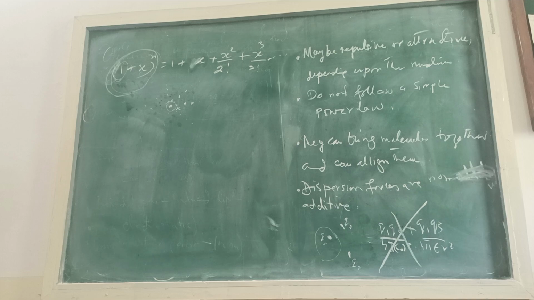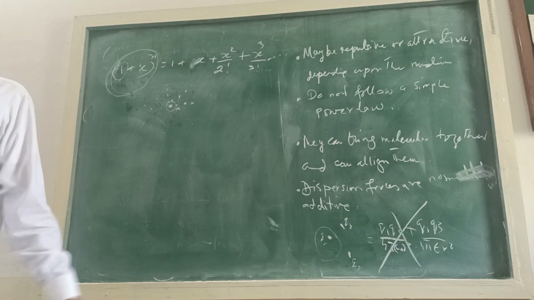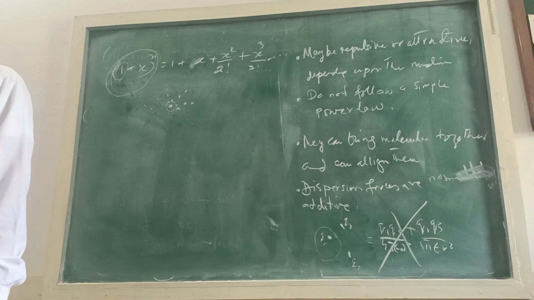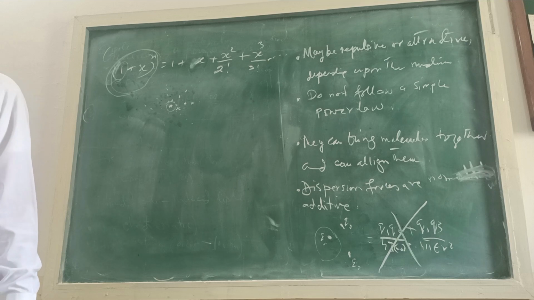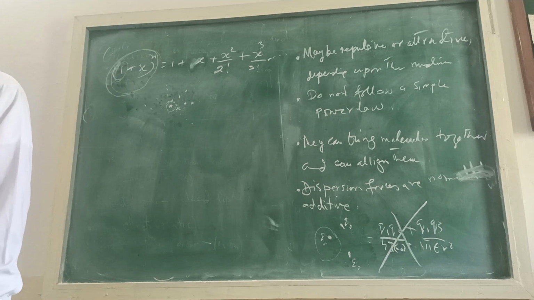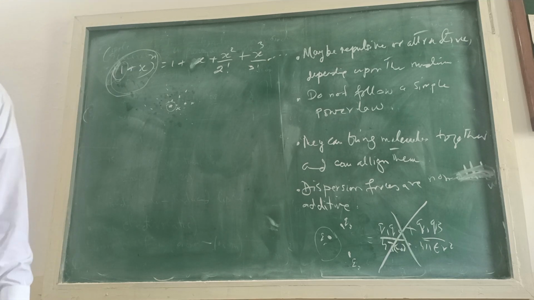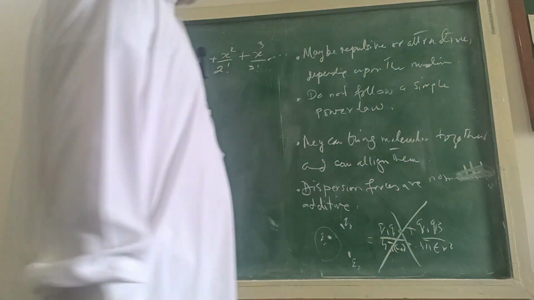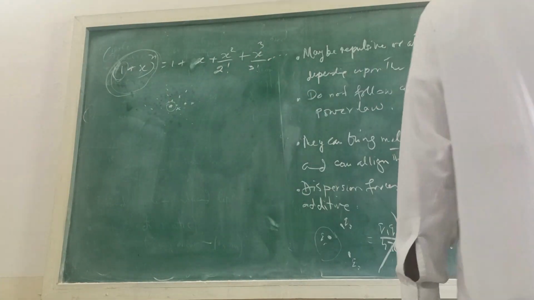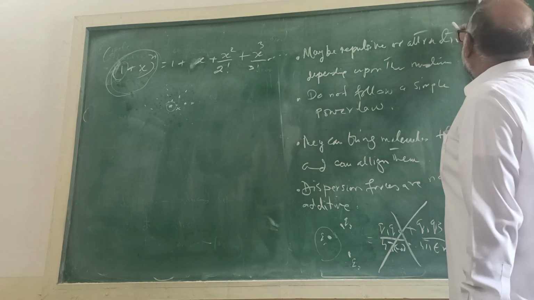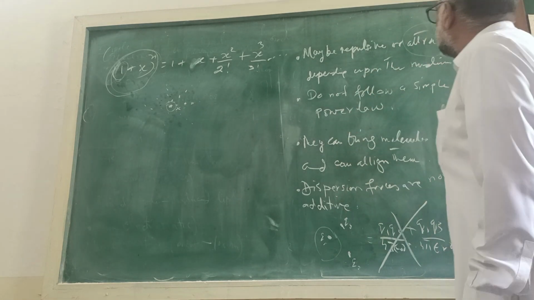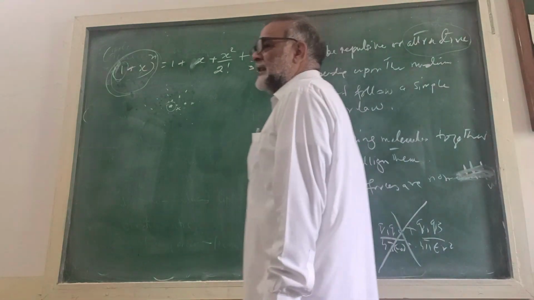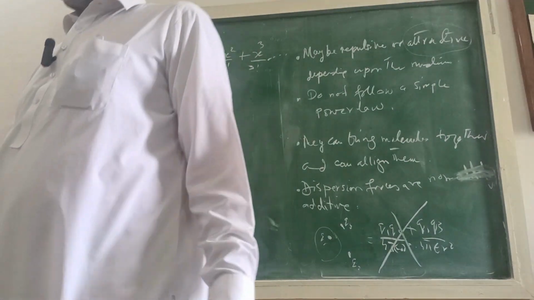They are complicated to be written like this. It is not a simple power law. You cannot find the field by these simple power laws. What we have written here, the strength of those forces, you cannot say it is r to the power 6 or r to the power 2.